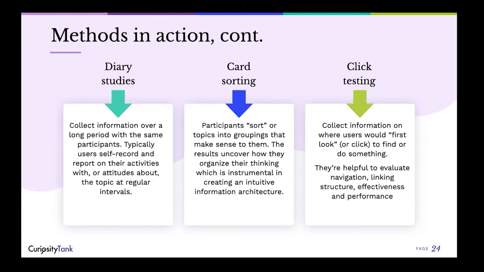Diary studies are longitudinal studies where we collect information over a longer period of time, let's say 3 or 5 days or 2 weeks, okay? So we're collecting data over a longer period of time because we can't necessarily understand the depth of what we're looking for in a 1 or 2 hour block. A great example of this might be a diary study about the home buying process, right?